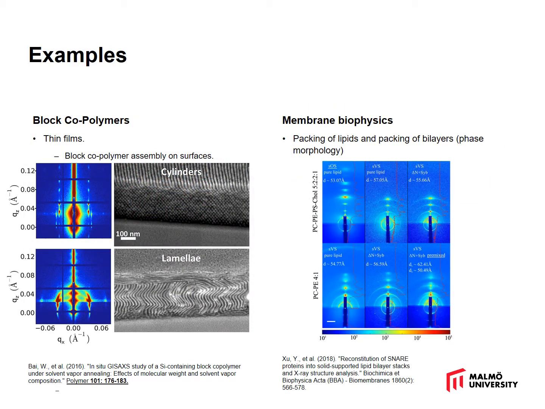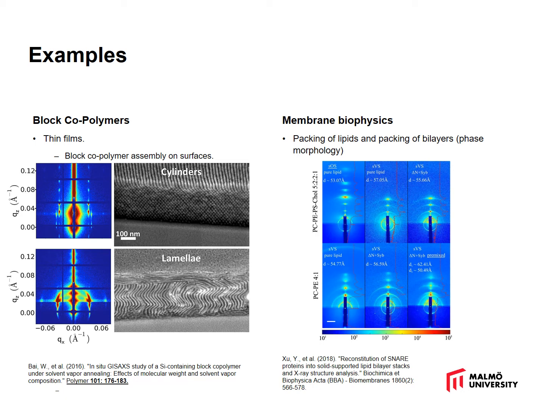So, some examples of the kinds of information that we can get from a GSAS experiment. These are in decreasing length scales. In the first case, we have some real space pictures of some block copolymers which have self-assembled on a surface. These block copolymers will assemble into different morphologies depending on how they've been exposed to solvent vapor, or different block structures.